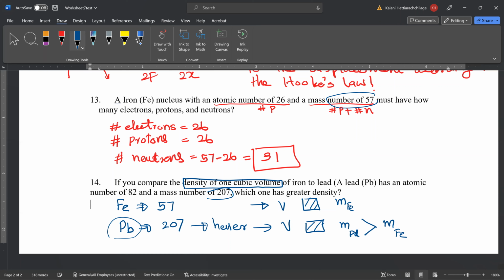Now what will happen to the density? Density equals mass over volume. Because of that, whichever has greater mass should have greater density, right? Which one has greater density? The answer is lead, because lead has greater mass than iron if you take the same size piece of both materials. Okay, let's stop here.